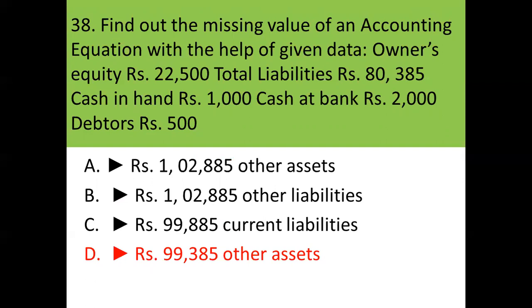Total asset: here we have to trace the assets. The assets are cash in hand, which is 1,000, cash at bank of 2,000, and debtors of 500.